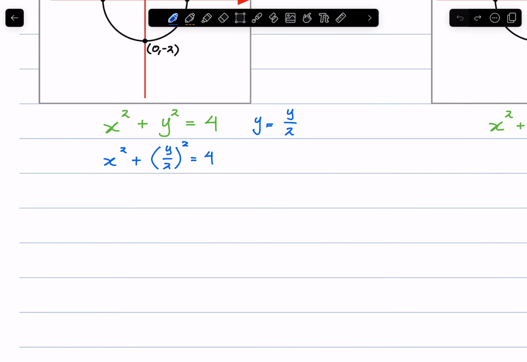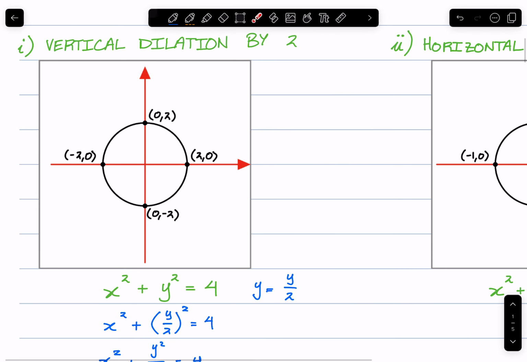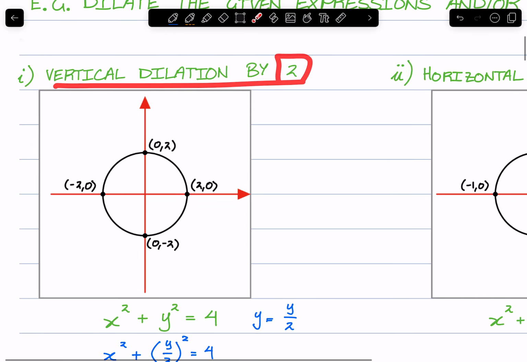When we expand this one, we get x squared plus y squared over 4 equals 4. Now this is definitely an expression that we don't know what this looks like, but looking at this graphically, it means that the points, the y distances from the x-axis, are being multiplied or dilated by a factor of 2.